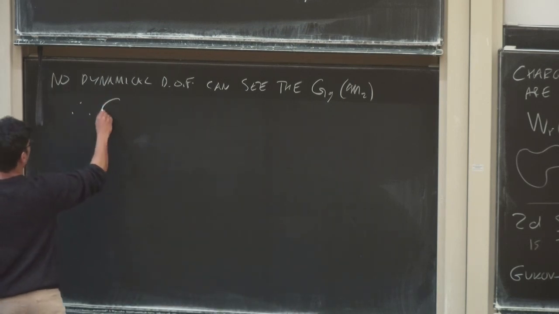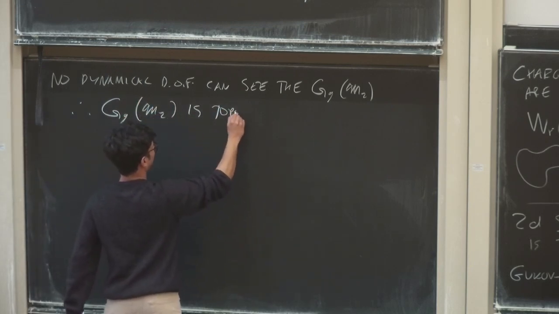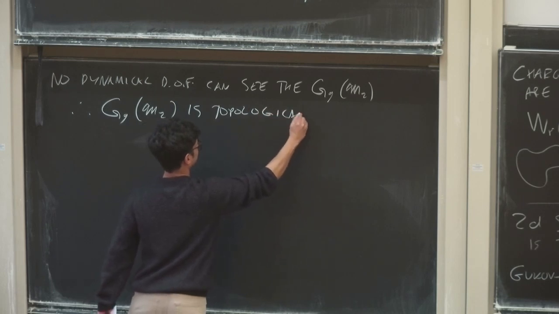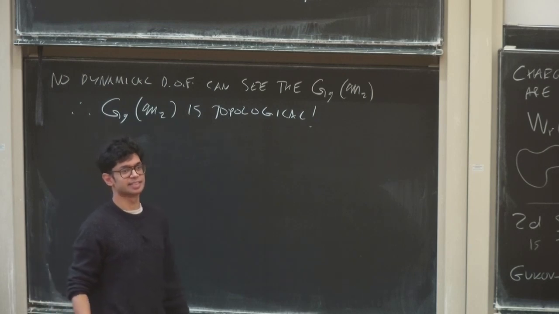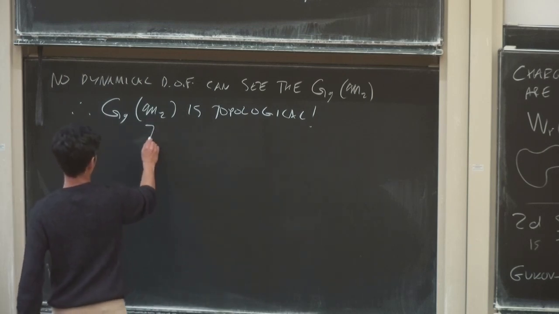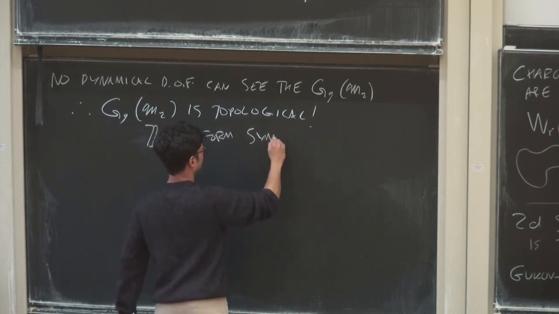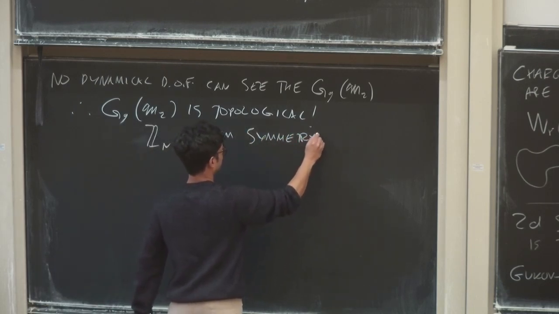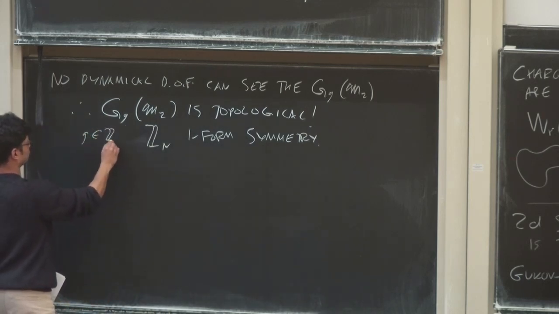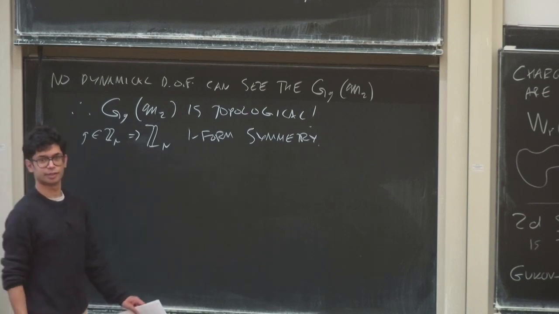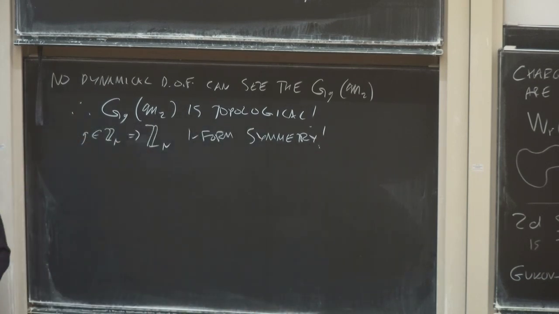And therefore, G_g of M2 is topological, and therefore generates a Z_N one-form symmetry. That's why we have a Z_N one-form symmetry, because this little g is in Z_N. Okay, so this is the continuum argument.